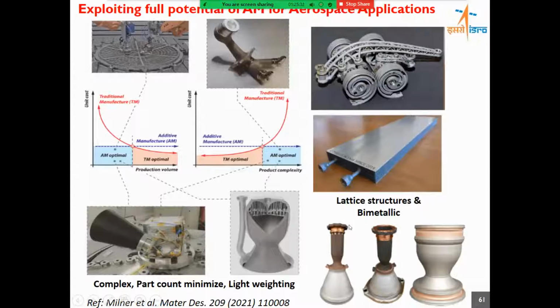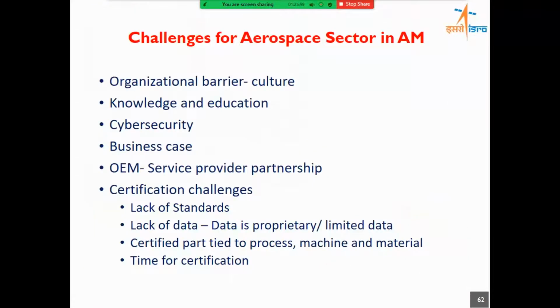And of course, by going for directed energy deposition or electron beam additive, you can go for multi-material printing. So bimetallic combinations like copper and stainless steel, or copper and superalloy, can all be done through these 3D printing routes.